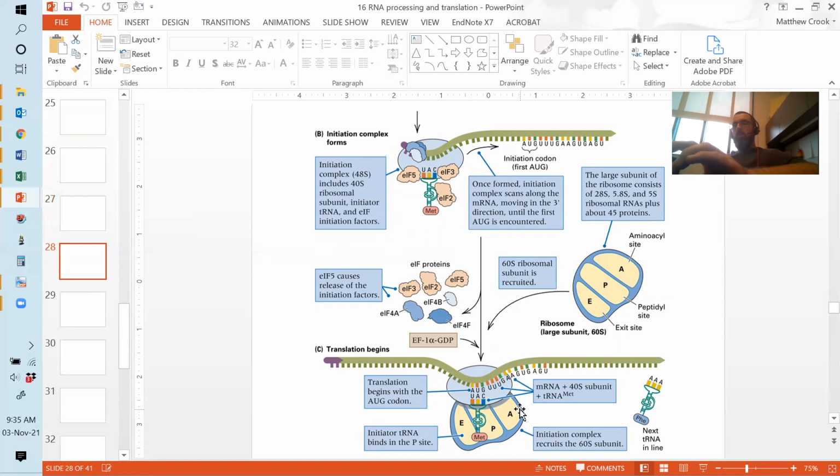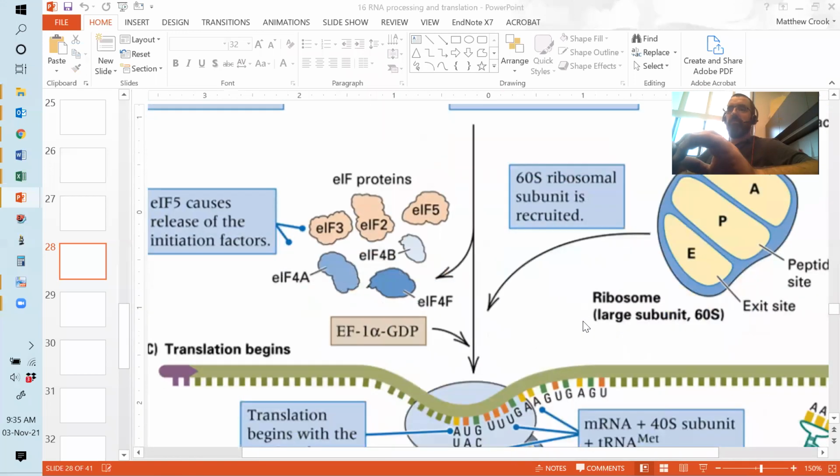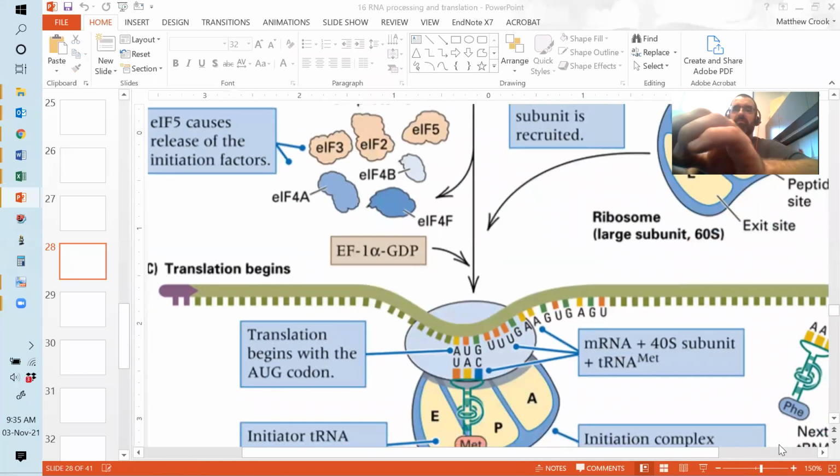Now, essentially, let's blow this up a little bit. On slide 28, reading frame, this is where working on the board would make things easier. Let's put this over here. Equals AUG, obviously, because that's the start codon.